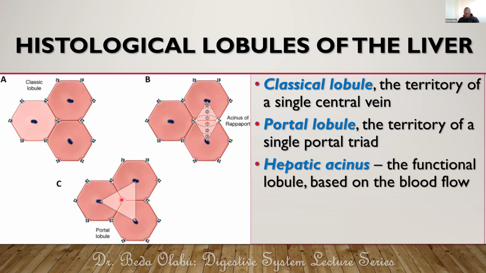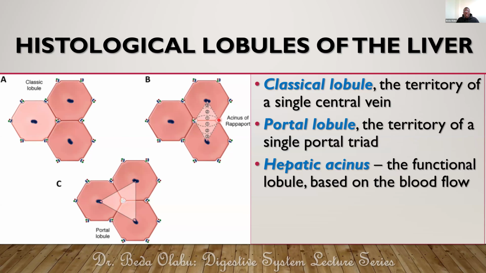Lastly, we have what we call the hepatic acinus. We consider hepatic acinus a diamond-shaped lobule with two opposite corners being formed by the central vein and two opposite corners being formed by the portal triad.